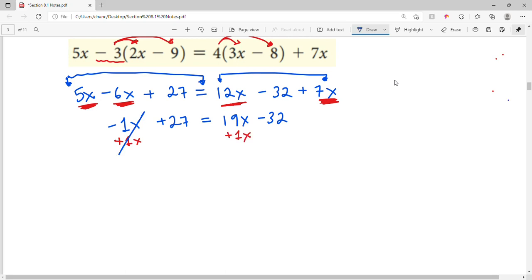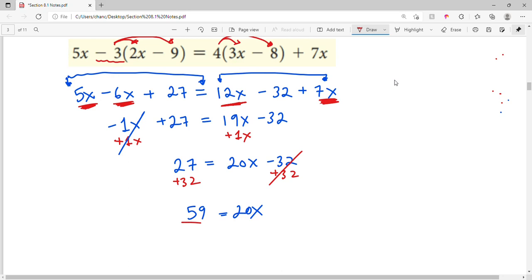The -1x and the +1x cancel out, so this simplifies to 27 equals 20x minus 32. I can now add 32 to both sides of the equation, and 27 plus 32 gives us 59 equals 20x.